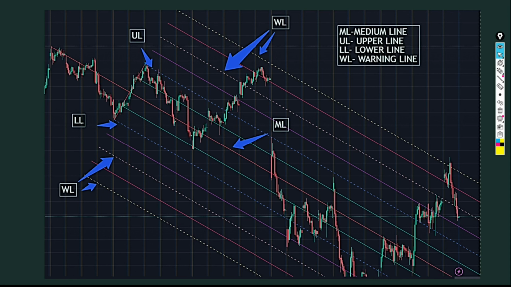This is the presentation of Pitchfork, where we can find this medium line and these are two pivots.